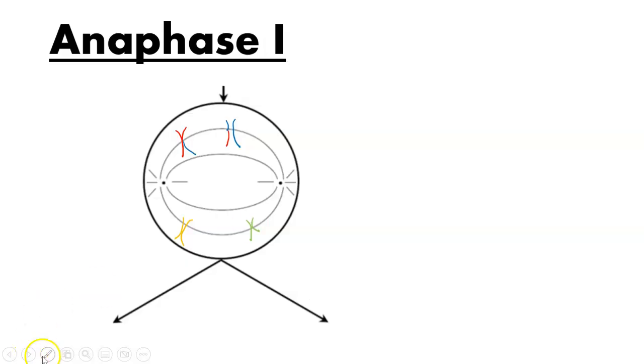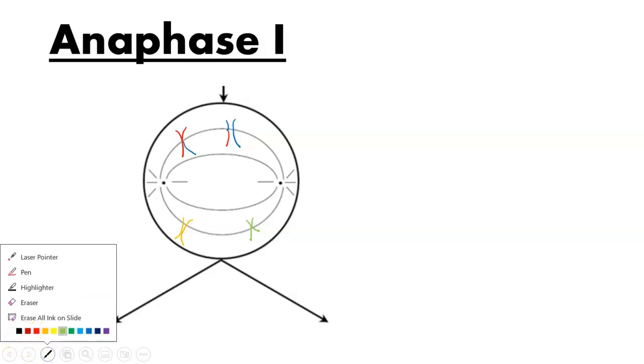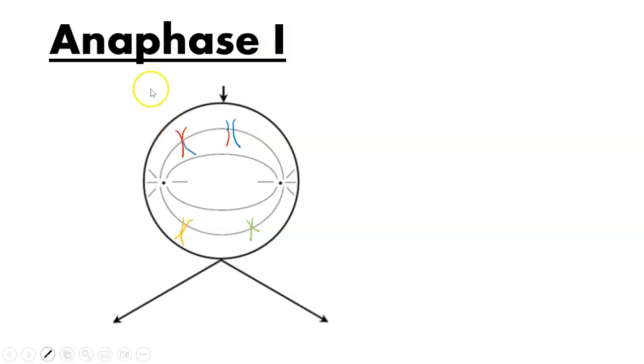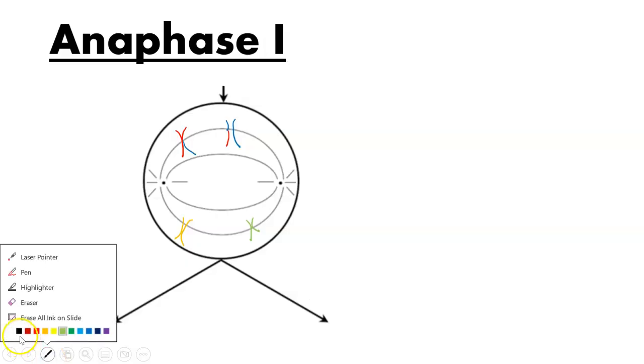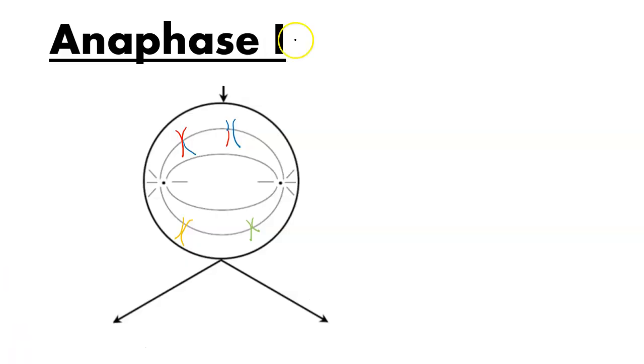All right, so again, just to keep track of things, let's label some structures. When I look at this, I still have my homologous chromosomes, so I'll still label those that way, but I'm not going to put the word tetrad here anymore. The reason we're not going to include the word tetrad anymore is because these guys have split. I no longer have 4 chromatids all connected to each other.